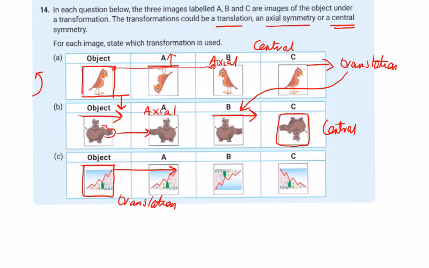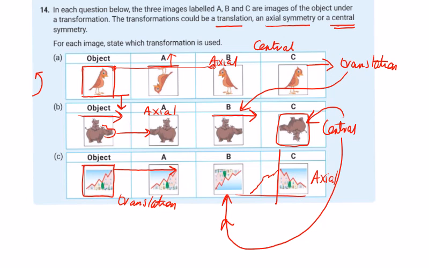This guy here is upside down, back to front. So that's also central. So is that one. And part C is axial for this guy. You can see clearly that this is axial. If there was an axis there, that red line would come down the other side and we would have symmetry. So transformation geometry, hopefully you're mastering this topic.